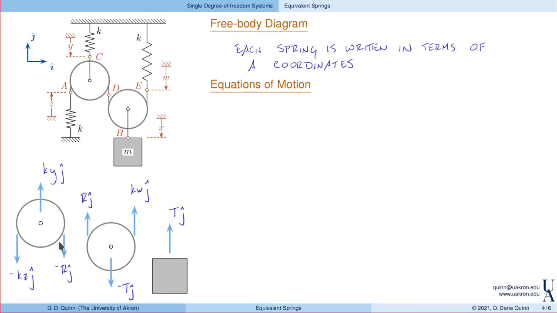So we have the kinematics, we have the forces, and all that's really left to do is apply the equations of motion. So we want to apply linear and angular momentum balance to each object.